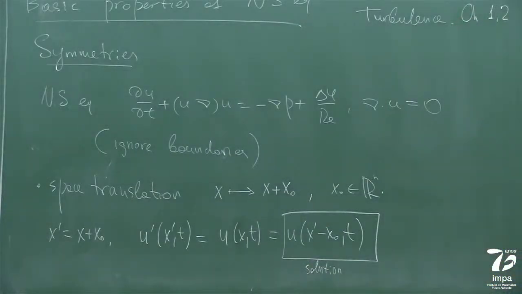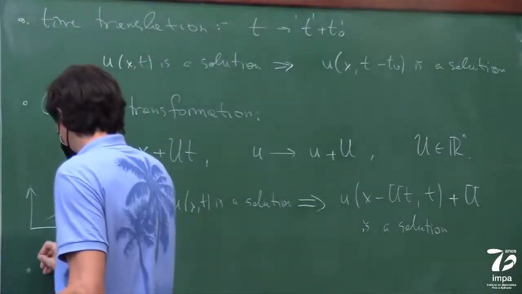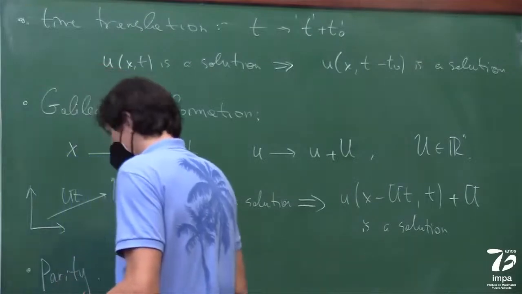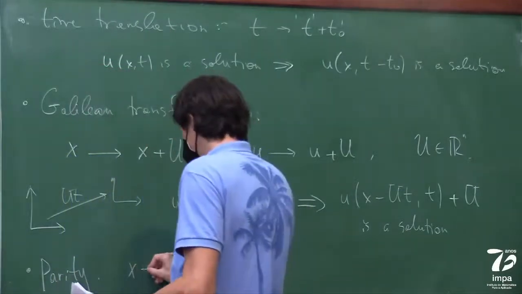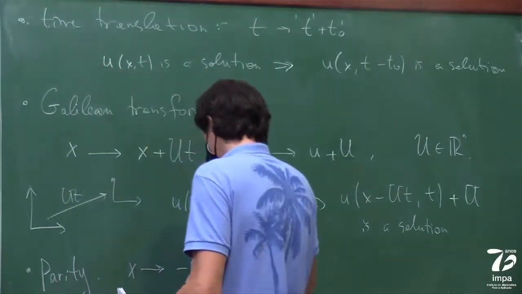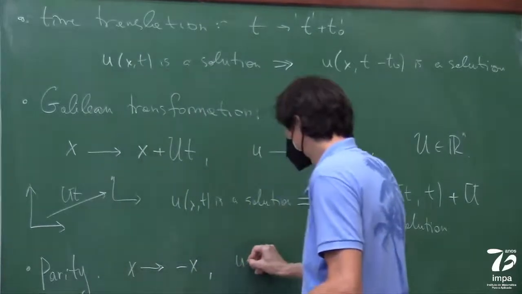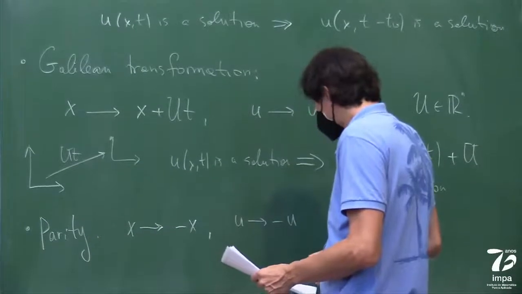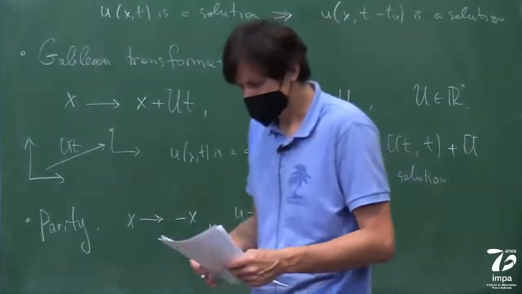The next is parity. Parity means that x can be changed to minus x, and u can be changed to minus u, to change sign.